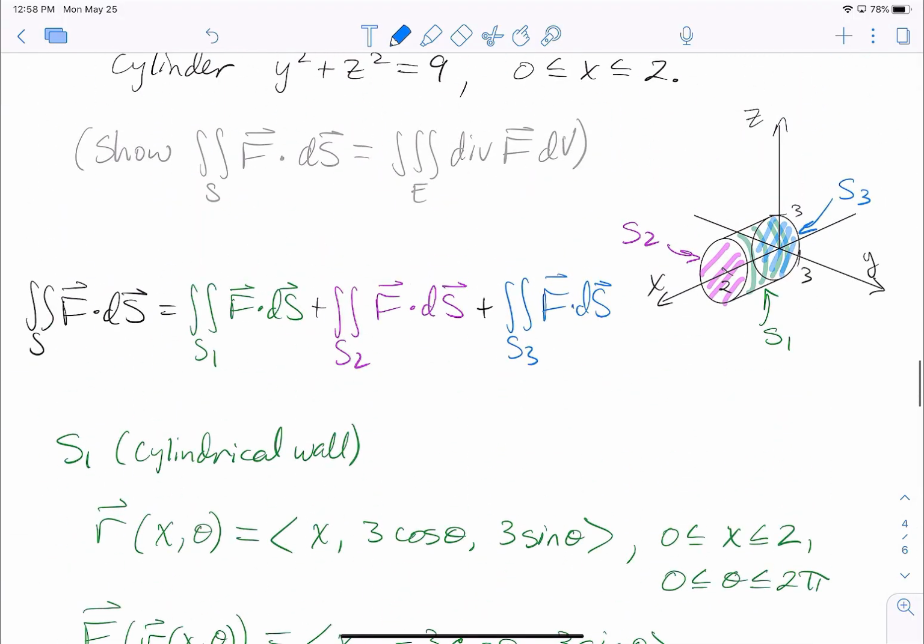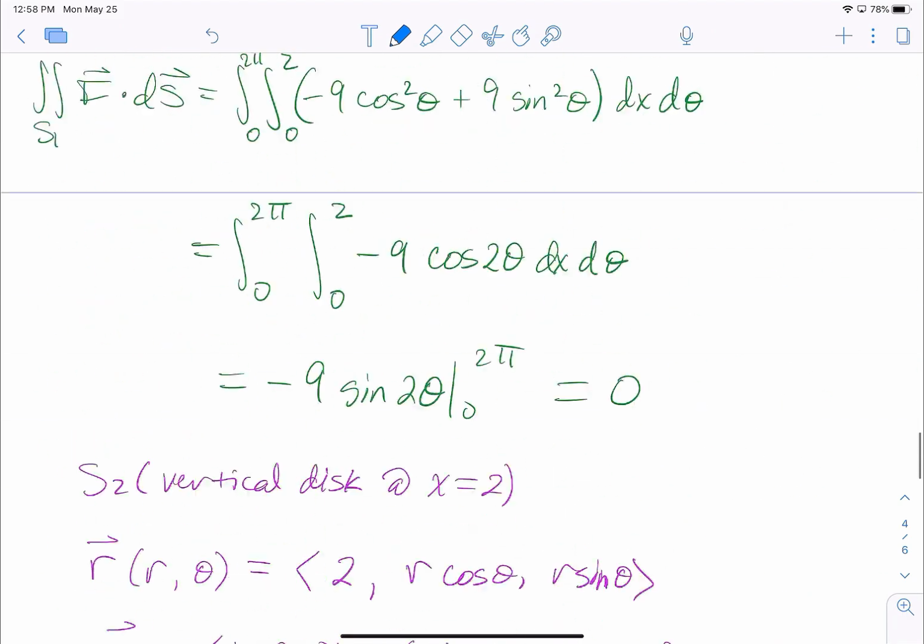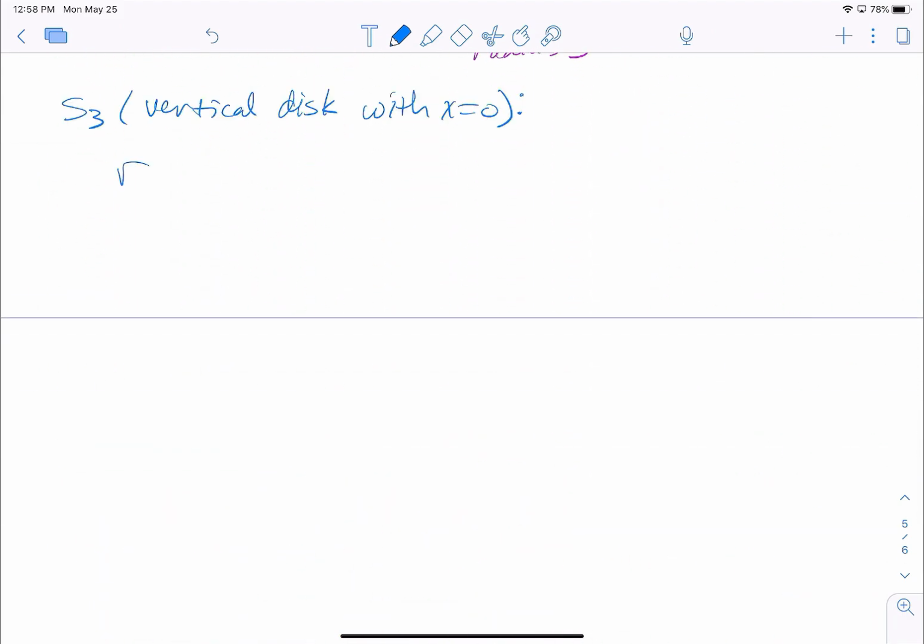Back to our solid, S3 is the vertical disk that has x equals 0. R of r, theta will then be 0, r cosine theta, r sine theta. Our normal vector is going to point in the backwards direction, so in the negative x direction, so negative 1, 0, 0.